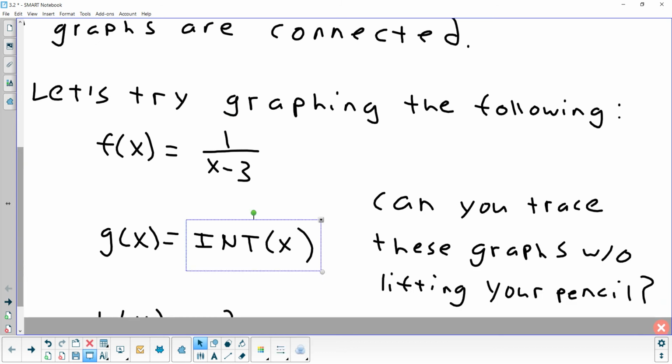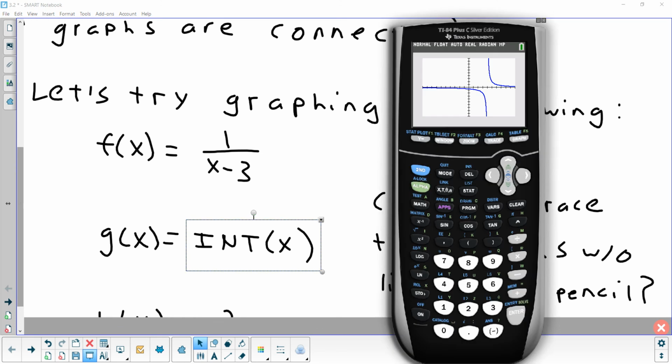Can you trace either one of these graphs, and I still have one of them up on the screen, without lifting your pencil? No, this is two distinct parts to the graph. There's no way to trace this part and then get over to the next part without lifting up, putting it down somewhere else, and starting to draw again.